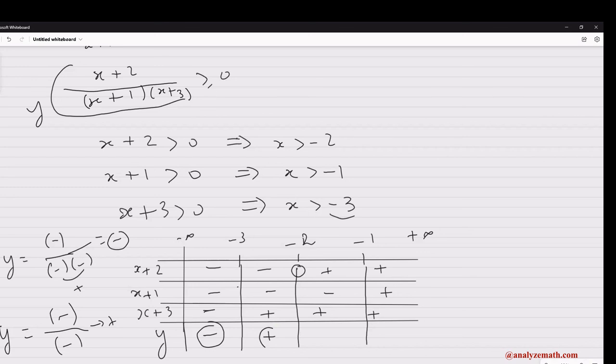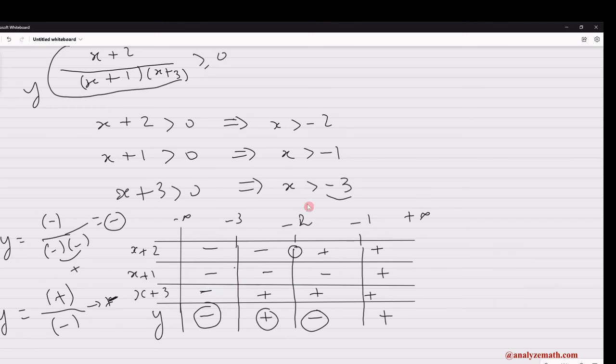So plus for y. Here, from minus 2 to minus 1, the numerator x plus 2 is positive. The two terms in the denominator, one is negative, the other one is positive, so that will give me negative. And then here everything is positive, that will give me plus.